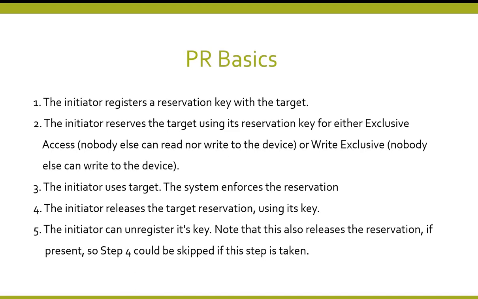The initiator releases the target using its key, so all the commands require the key that was used at registration. The initiator can unregister its key, and that also releases a reservation. So you don't have to release the reservation if you unregister your key.